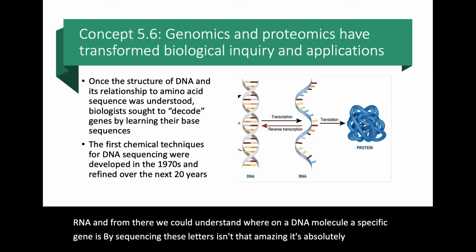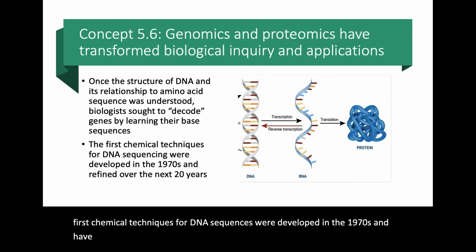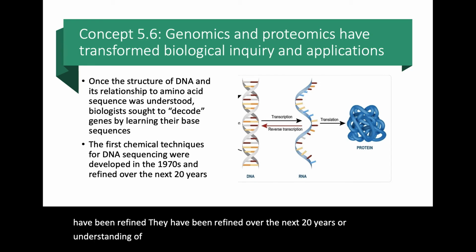The first chemical techniques for DNA sequencing were developed in the 1970s and have been refined over the next 20 years. So our understanding of the molecular functioning of DNA has been a lot better.